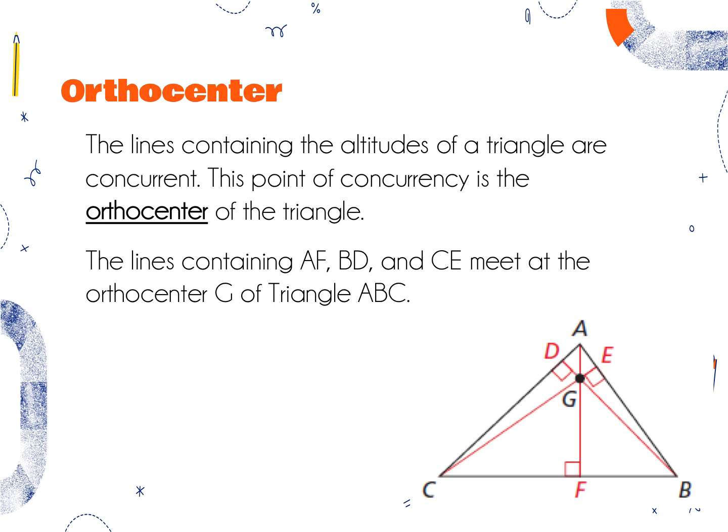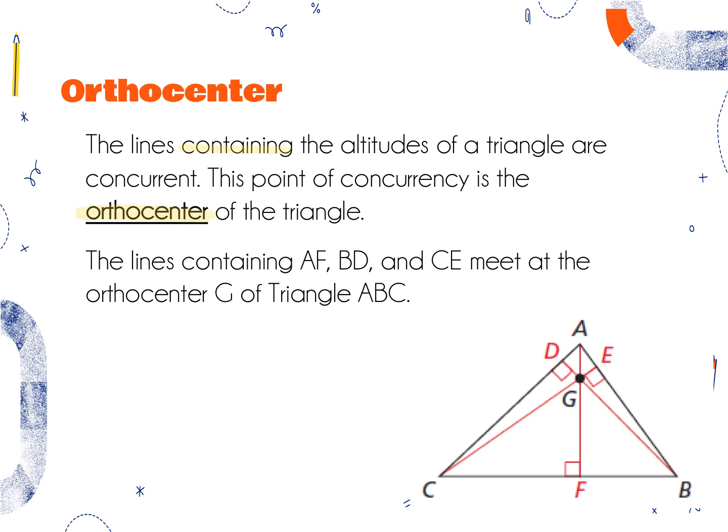So looking at it, the point where your altitudes intersect is called your orthocenter. So point G is your orthocenter. Lines containing the altitudes of a triangle are concurrent, and that point of concurrency is your orthocenter.